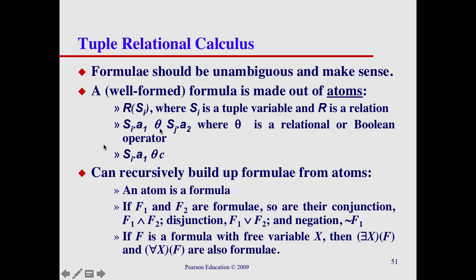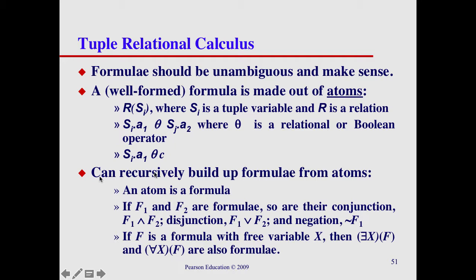Or it is a simple relational or Boolean predicate. Here we are comparing the attributes of two different tuple variables using either a relational or Boolean operator, and here we're comparing it with a constant. At any rate, this is an operator.